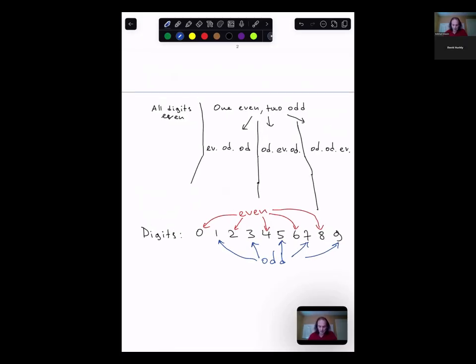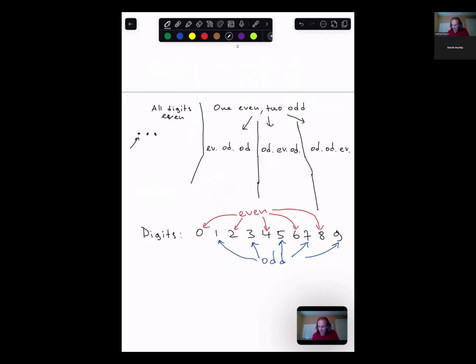Now we have three-digit numbers where all digits are even. How many numbers like that do we have? This is similar to what we did in the first problem, because we have three positions and we can fill them one by one. How many different digits can be on the first position? Four, exactly.